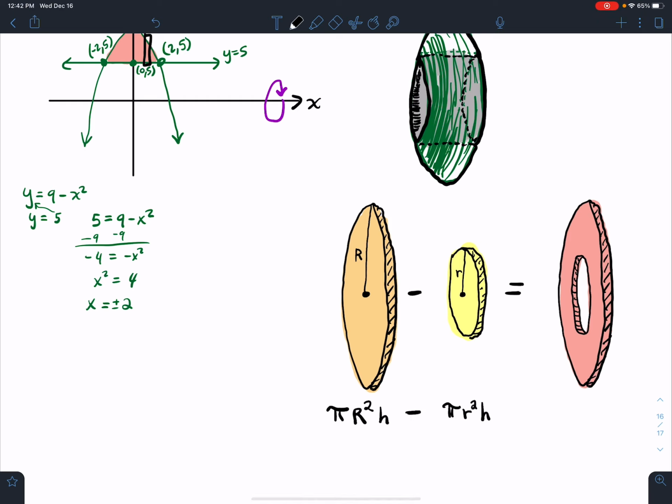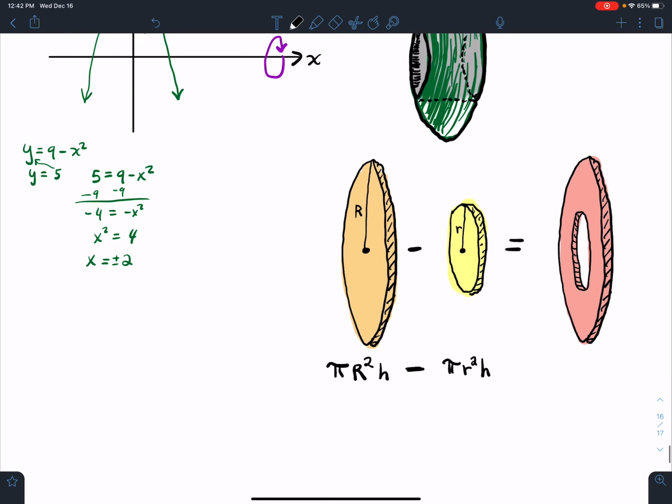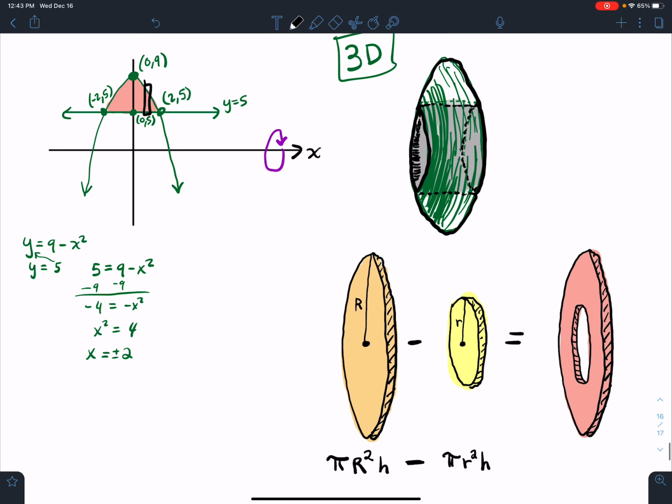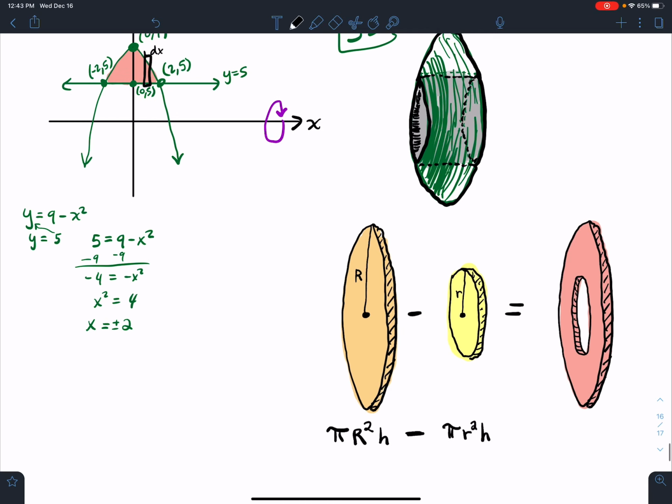And so I'm going to subtract this out just like that. But what do we know? Well, we know that the width here for this particular problem has a delta x because perpendicular to the x-axis gives me delta x rectangles.